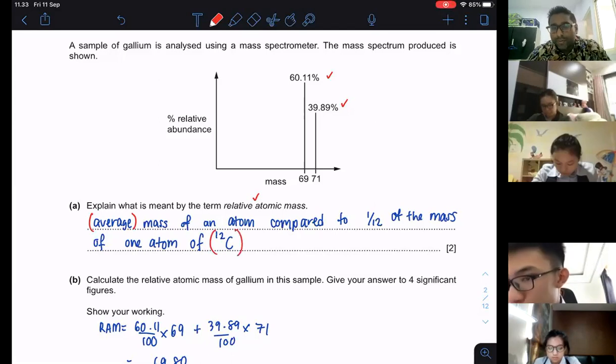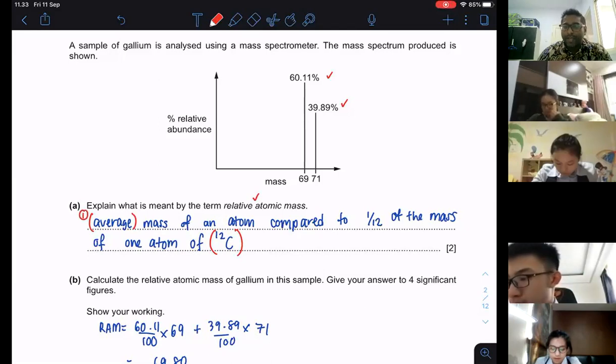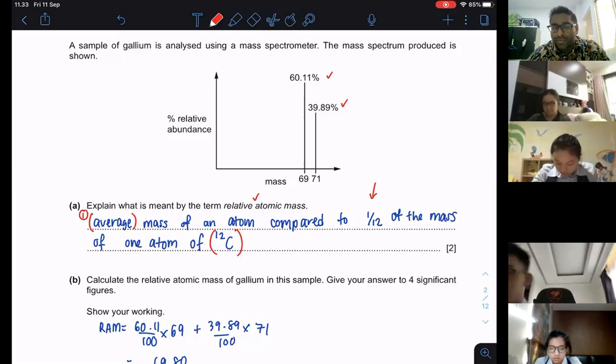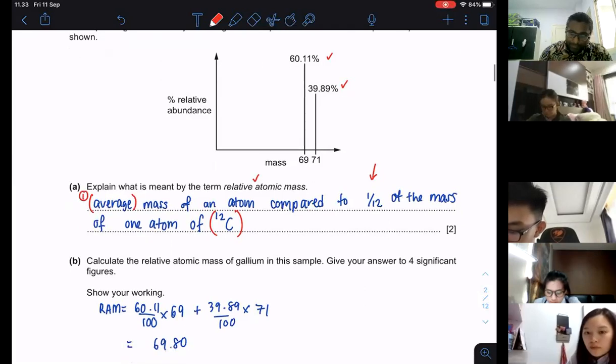The part that we will mistake or that will be missing is the average, and students tend to forget about this carbon 12. I think 1/12 is quite common, students tend to write that. But the part that will be missing most of the time will be average and then the carbon 12. Take note of that.